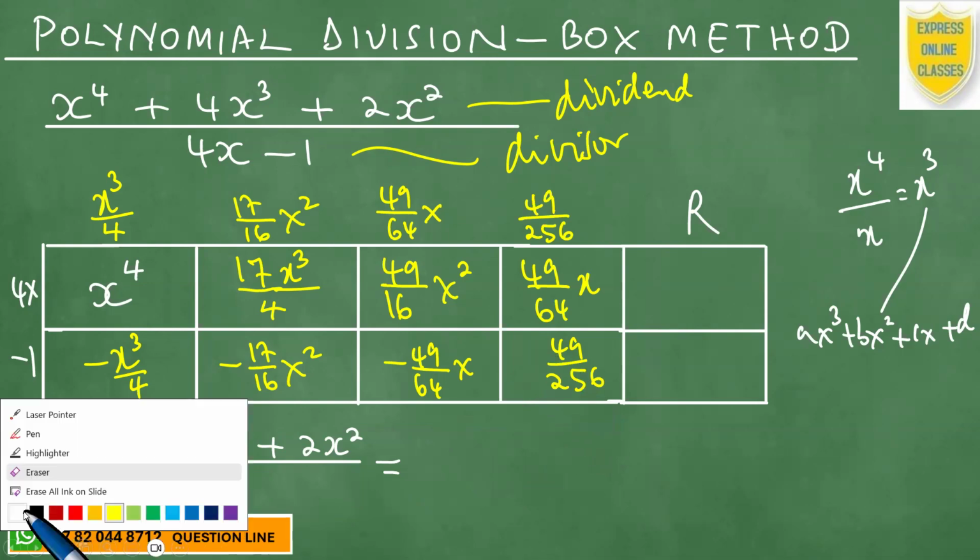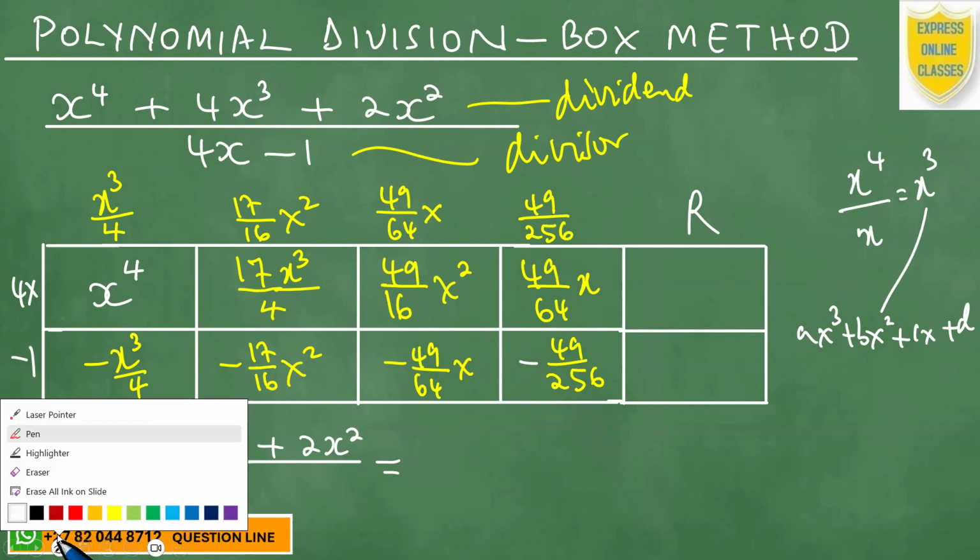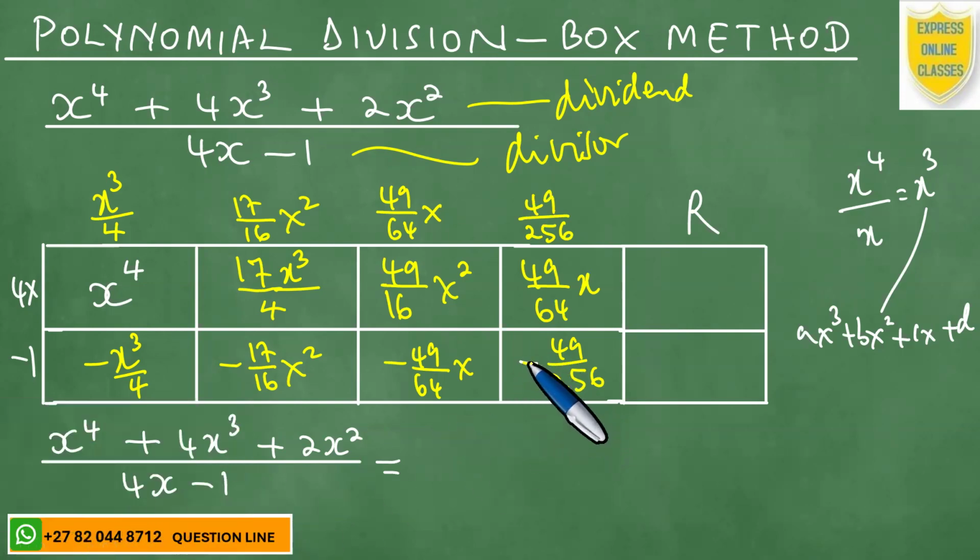So let's continue with our analysis of this polynomial division. Looking at the remainder block, we need to put a number here whose sum with this would give us exactly the constant term, which is 0, and that is going to be exactly 49 divided by 256.